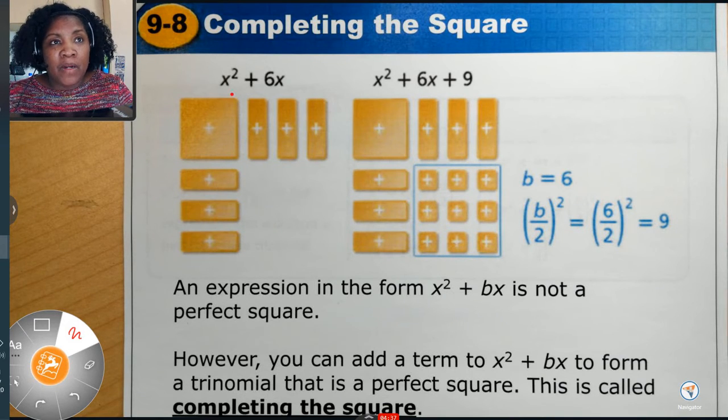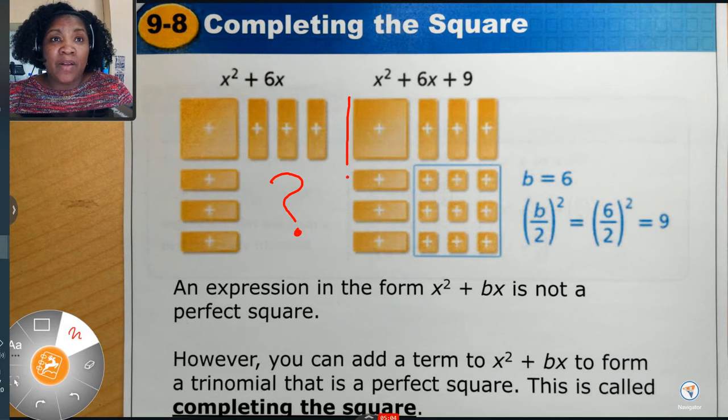If I had a model of a polynomial here for you, x squared plus 6x, it would look something like this. If I wanted to make this model into a perfect square, I would need to fill in this space. So how many blocks would I need to fill in that space? Well, if you look at our second model here, you see that they've added in 9 blocks to fill in that space.